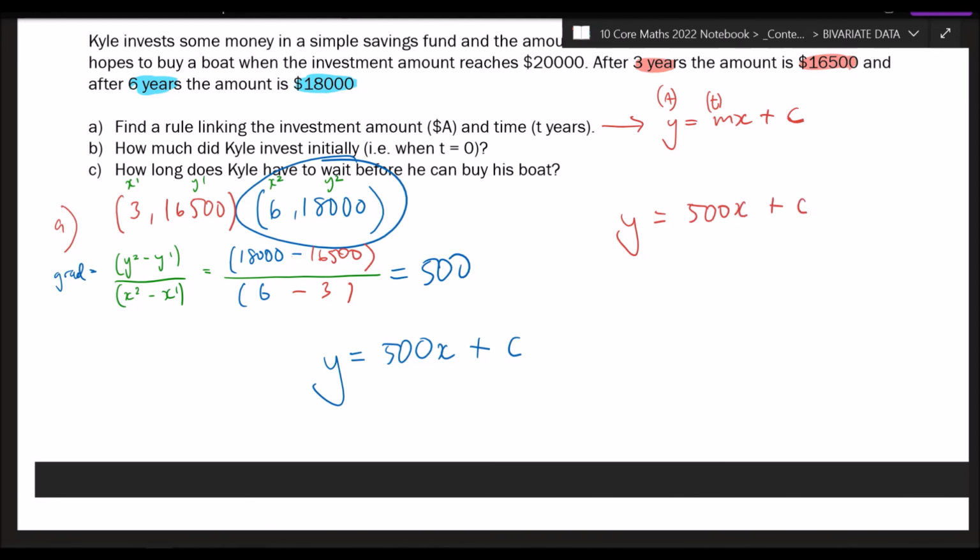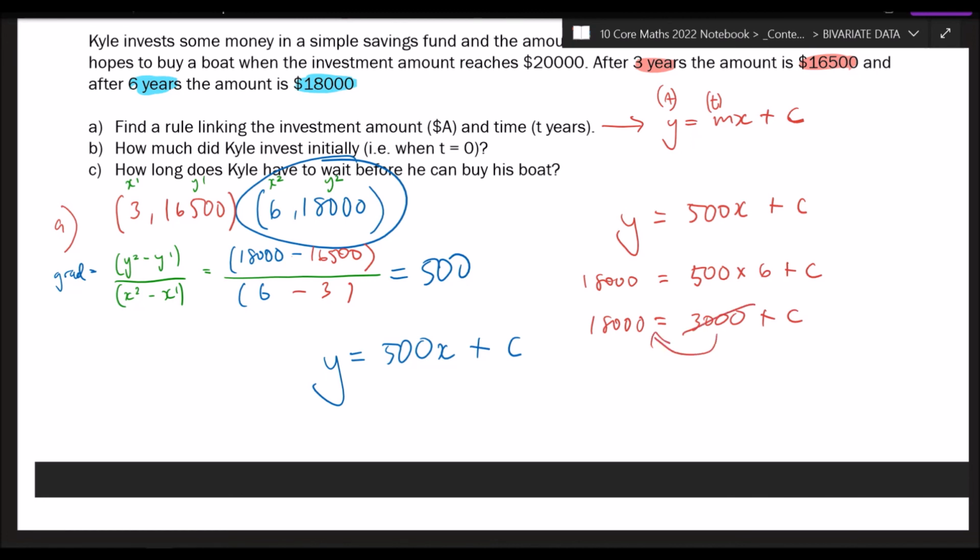I'm going to change x and y into whatever x and y is here. So y is going to be 18,000 equals 500 times x, which is 6, plus c. And we're going to solve for c now. So 18,000 equals 500 times 6, which is 3,000, plus c. This is a plus 3,000.